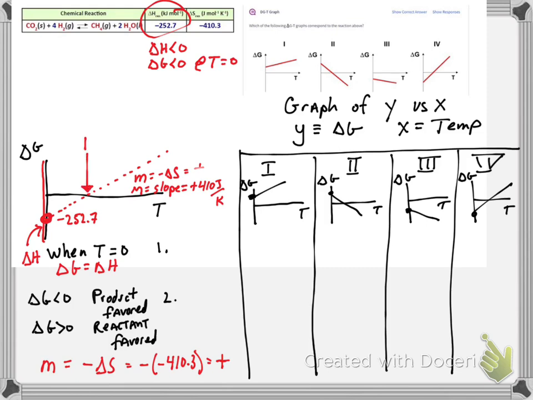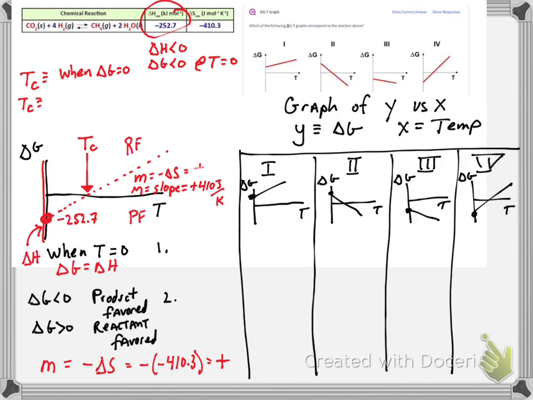We can also find the x-intercept. The x-intercept is critical because this is when delta G changes sign, and when it changes sign, it changes directionality. It can go from product favored to reactant favored.